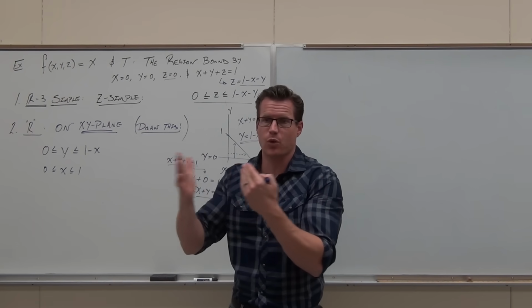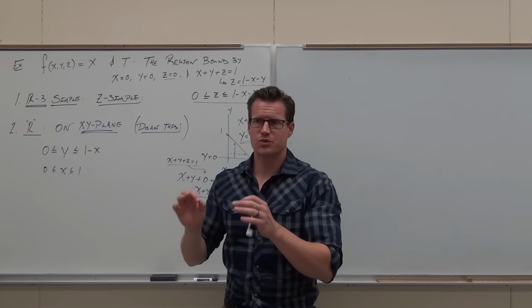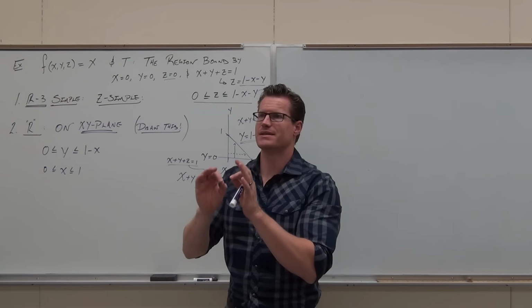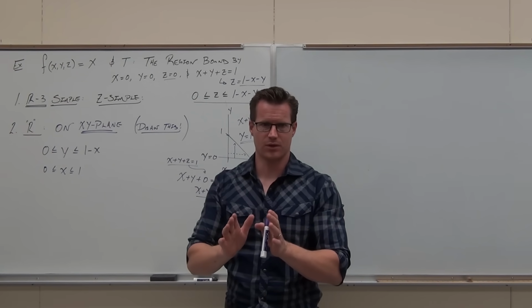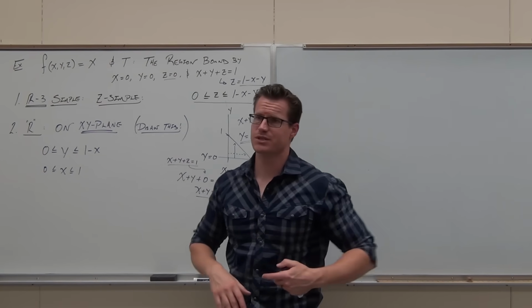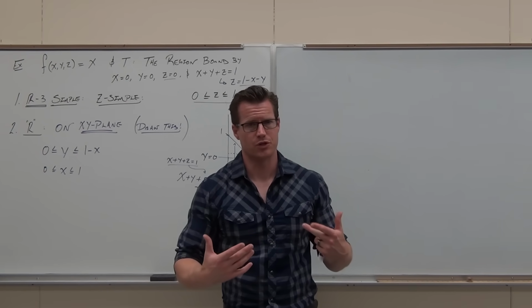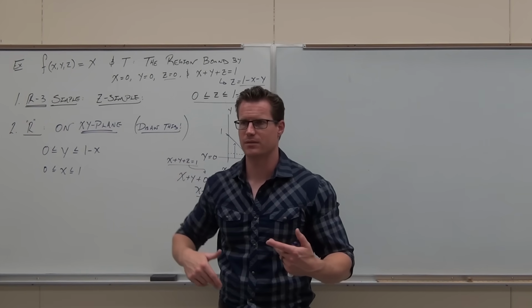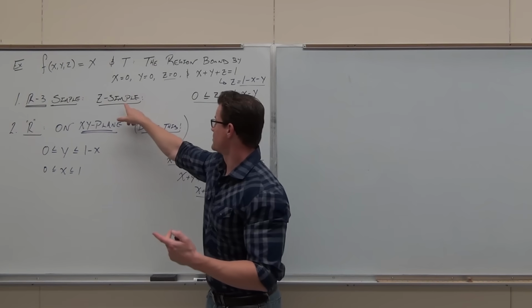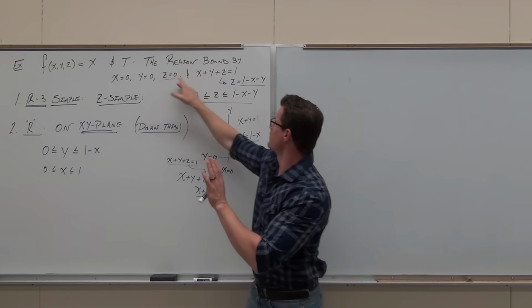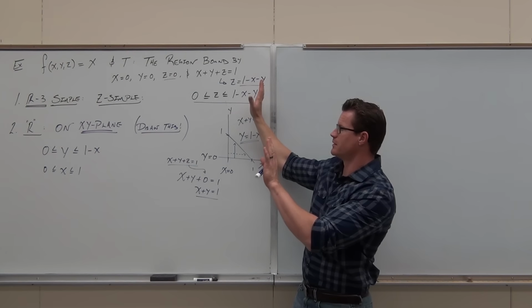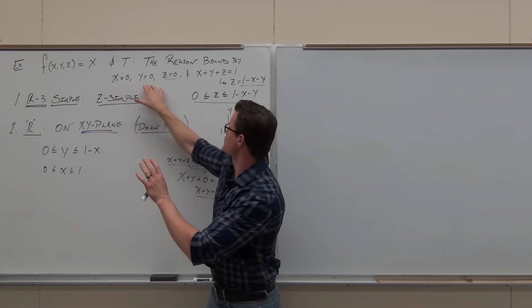There are 6 different orderings if you want. So choose the R3 simple that's the easiest to deal with. Since these were all the same, I chose z simple because I wanted R on the xy plane, because that's nice. We're used to drawing the xy plane. Make sense? So z simple, yeah, I needed to go between 0 and solve for z. Got it. R's got to be on the xy plane.